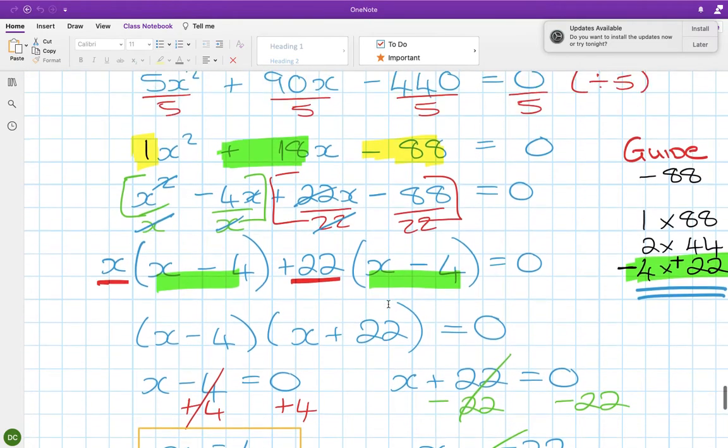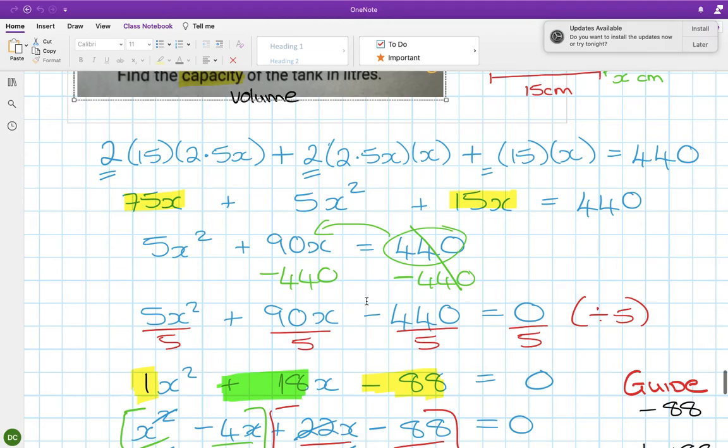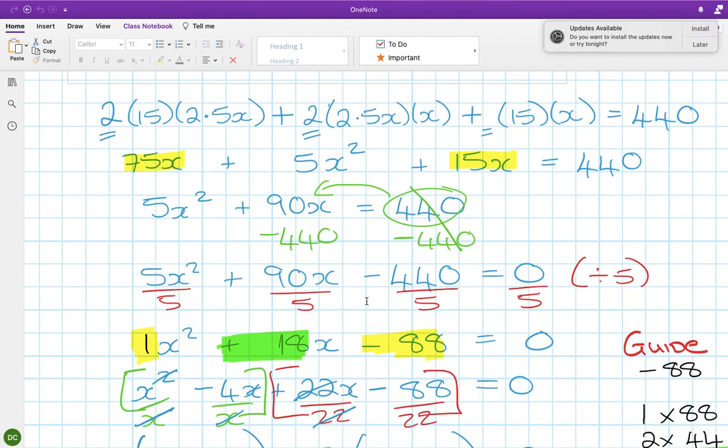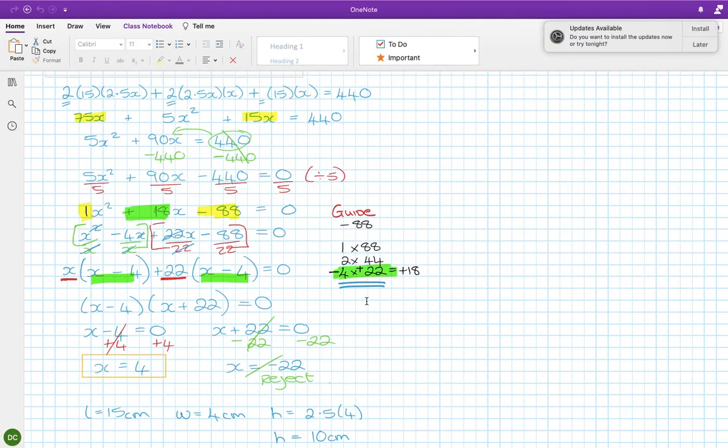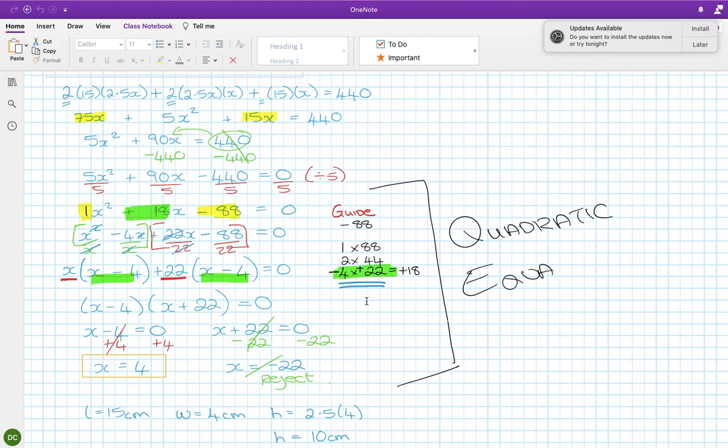But I definitely don't think we've done quadratic equations. Sorry, I'm just going to try and highlight how I actually solved it, this whole piece here. That's solving quadratic equations.